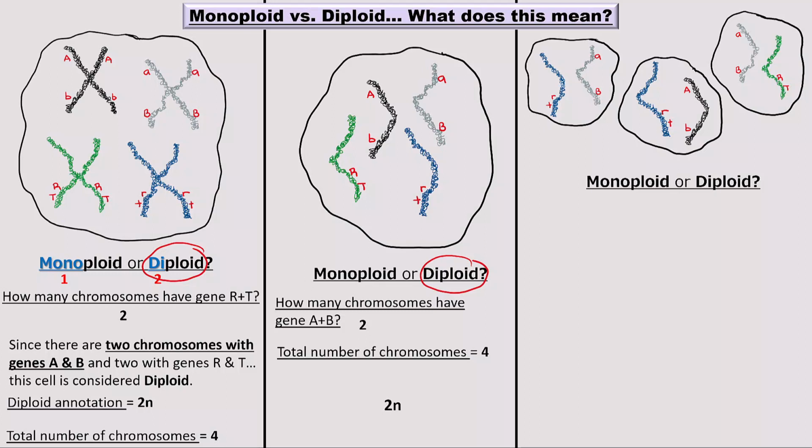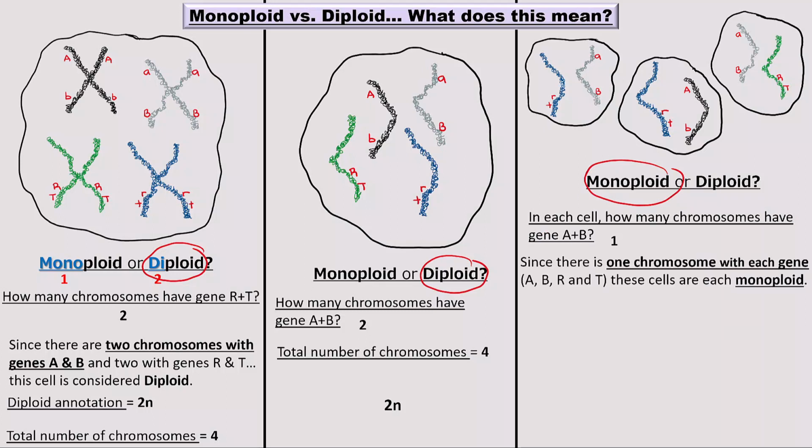2N represents diploid. All the way to the right, these 3 cells, how many chromosomes are in each cell that contain gene A? There's only 1. Therefore, these cells, since they only have 1 chromosome with each gene, are called monoploid. Mono meaning 1.